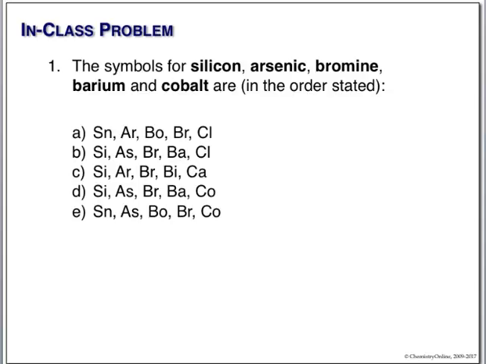Ba. So that's a good one. We have two Bas, so we're down to either B or C. As, well, As must be arsenic because it's the same. Cobalt, Cl or Co? Co. And that's our answer.